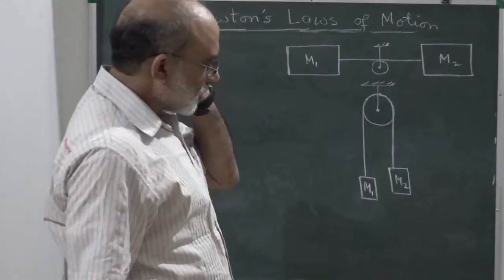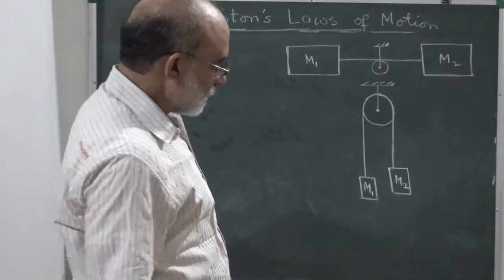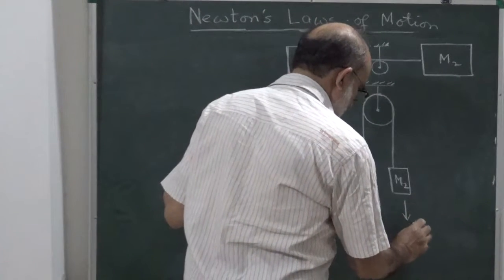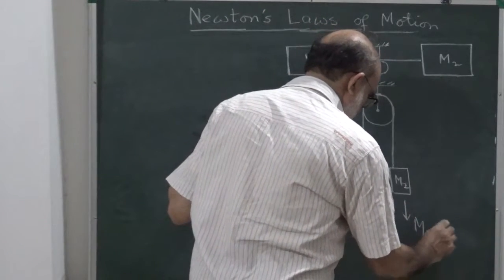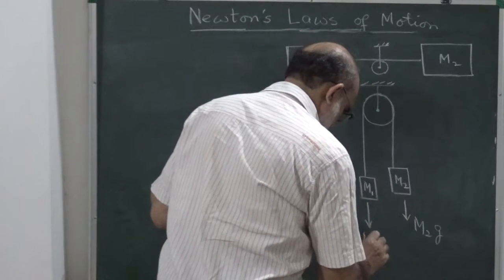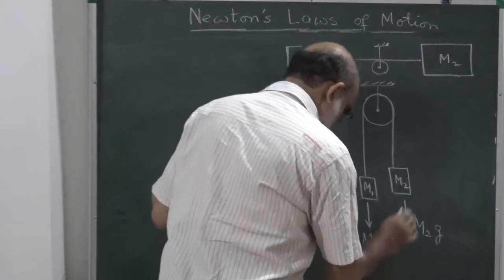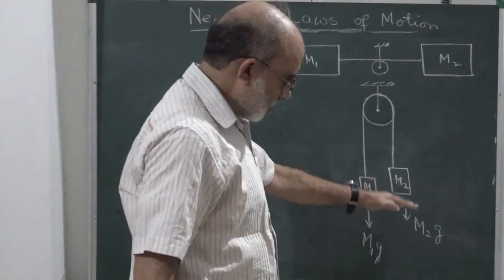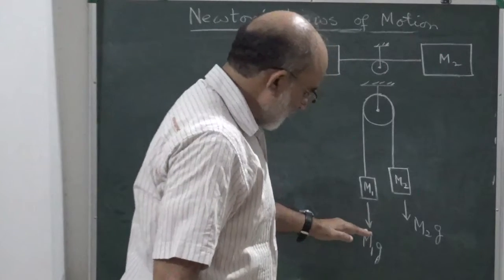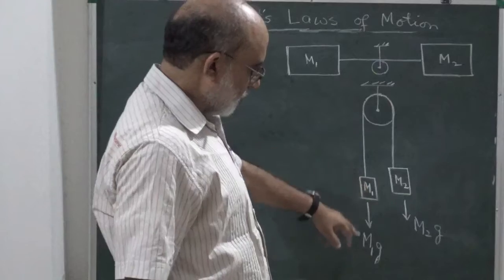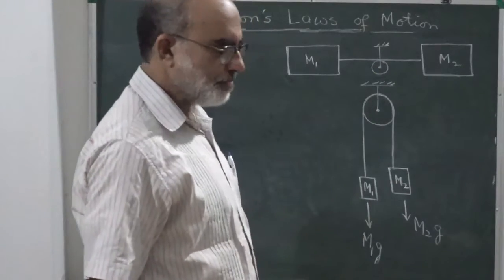Now the external forces acting on the masses M1 and M2 are due to gravity. So the gravity pulls M2 by M2 G and this by M1 G. Now suppose one of the masses accelerates down, this one goes up, or vice versa. This goes down, this goes up.